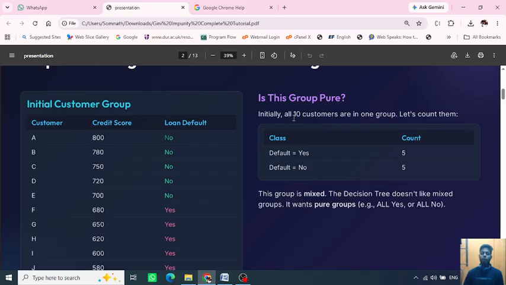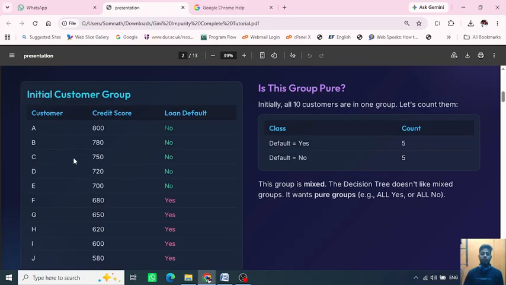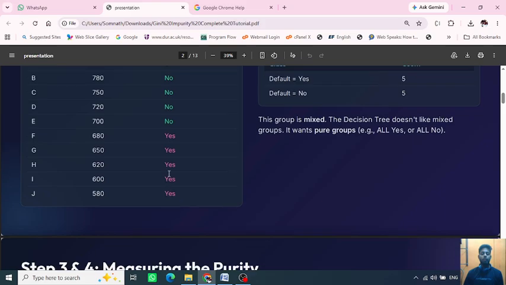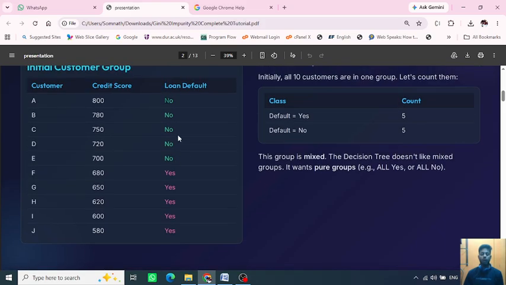So initially all the test customers are in one group, right? On the left side. Let's count them. Default equals yes, the count is 5, and default no, the count is also 5. This group is mixed, as I said. So the algorithm does not like a mixed group.